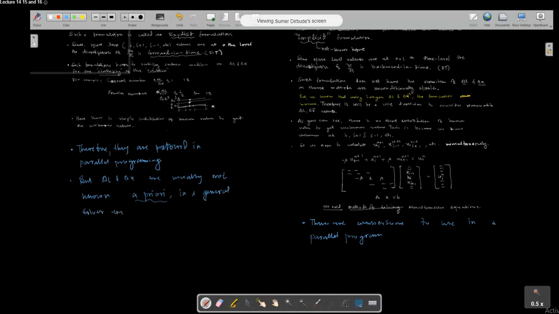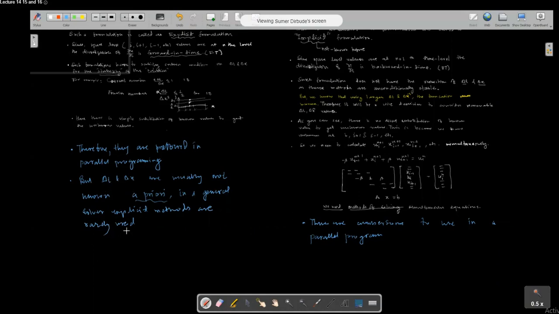So explicit methods are rarely used. I'm not saying that they are not used. They are there. You may see them in many softwares. But they are least preferred because delta t delta x may not be known.